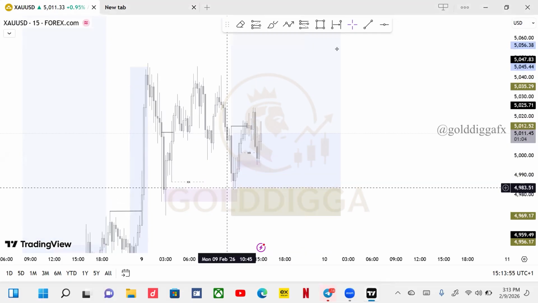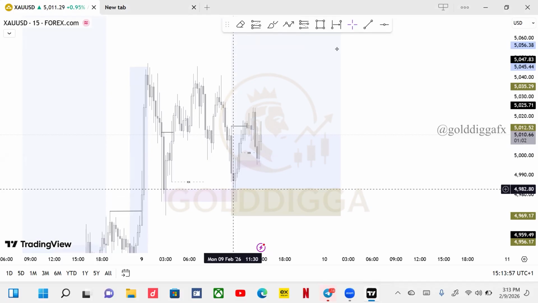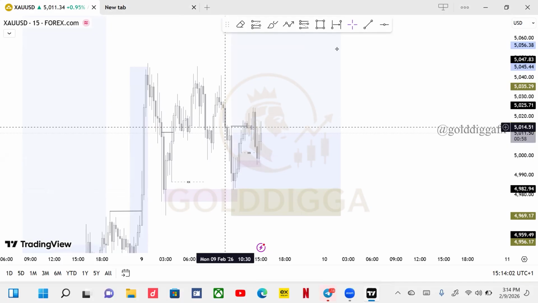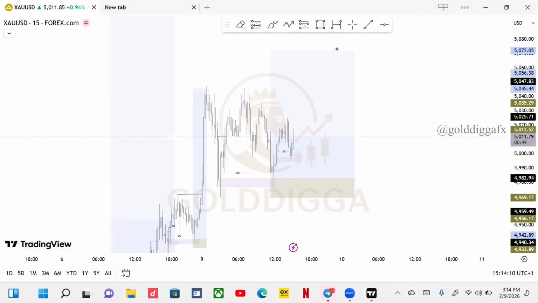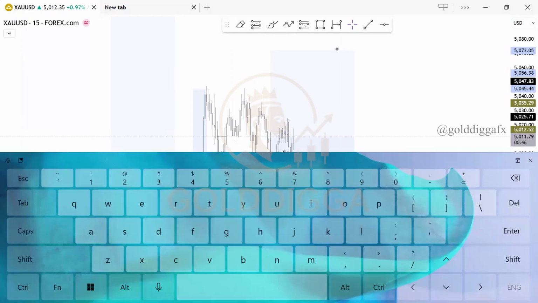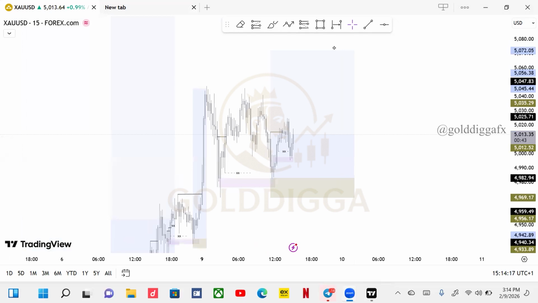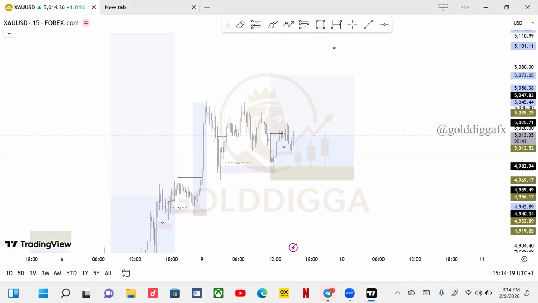From the first entry, I'm already on break even. Since price broke above all these highs, I had my break even set. So let's see. The session is about to end.